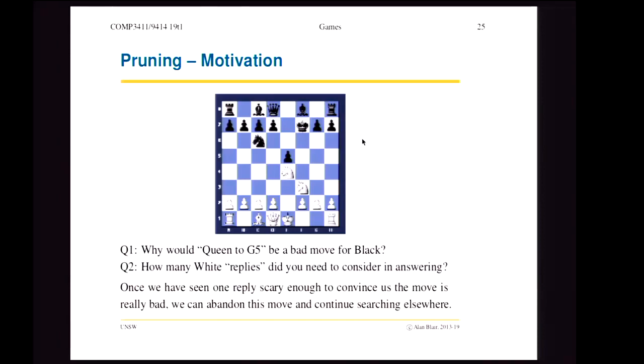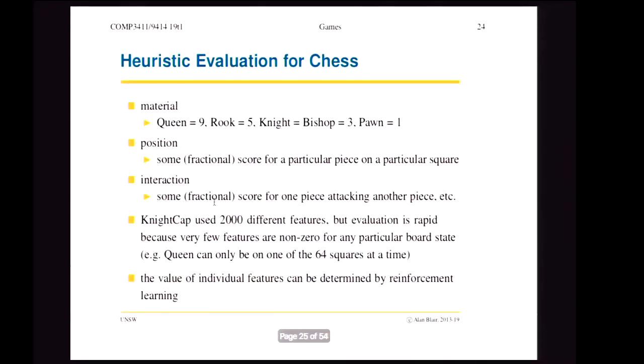For every pair of pieces, I could add something for the fact that one piece is attacking another or defending another, right? It doesn't matter where they are on the board, it just matters what's attacking what. These are actually the kind of features that are used in serious chess programs: material pieces, some correction for position, something extra for interaction.